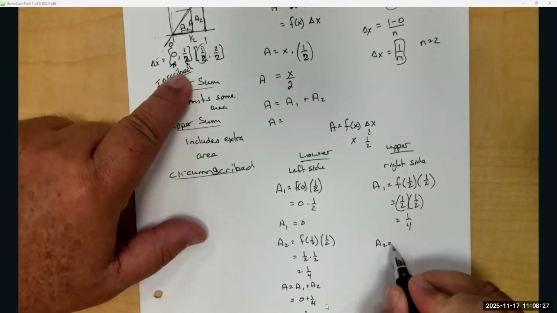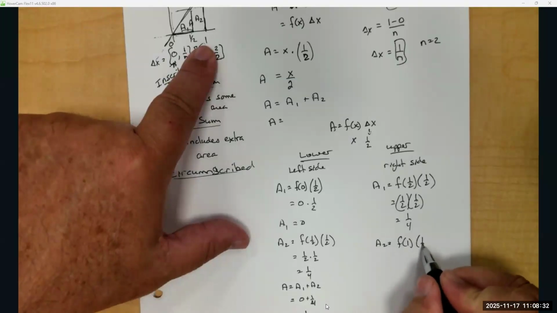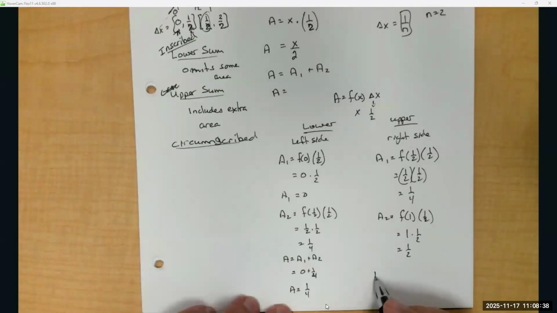Then the next area, the second one, starts off at 1 times 1/2, so we have 1 times 1/2 is 1/2. Add the two areas together. 1/4 plus 1/2 is 3/4.